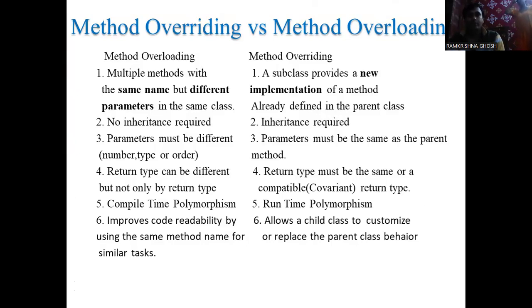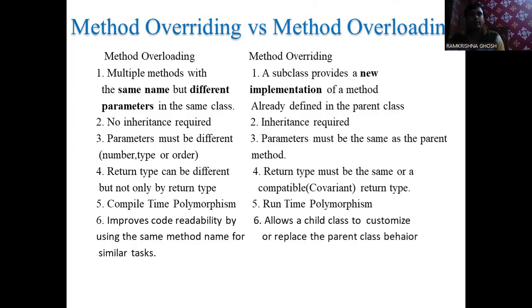Method overriding, a subclass provides a new implementation of a method that is already defined in the parent class or superclass. For method overloading, no inheritance is required. For method overriding, inheritance is required.